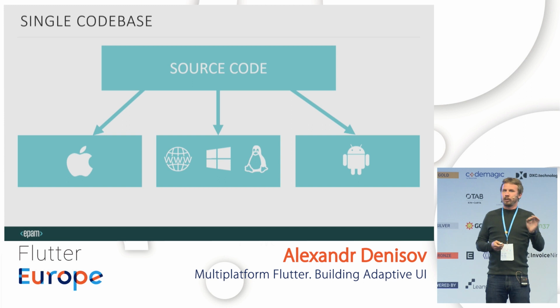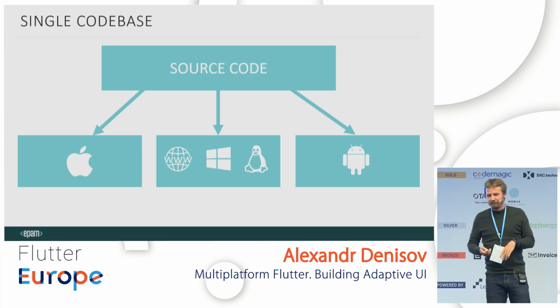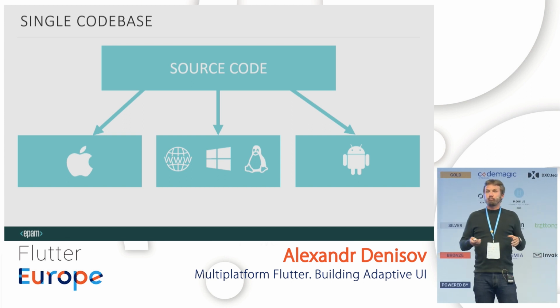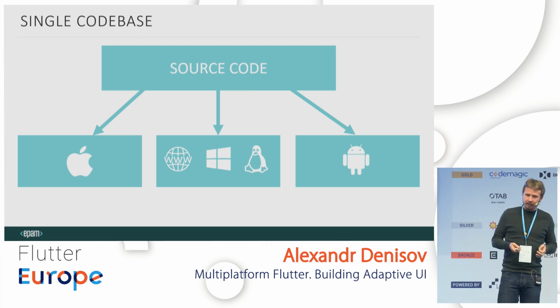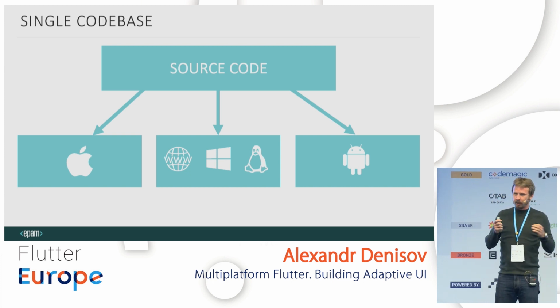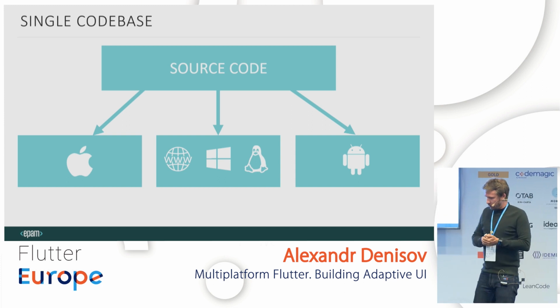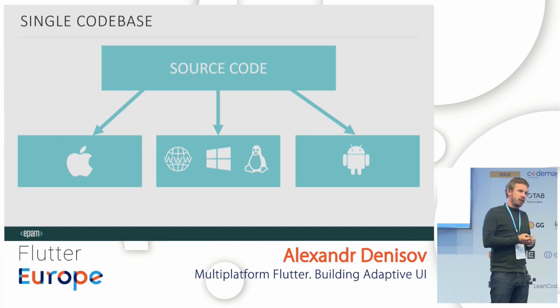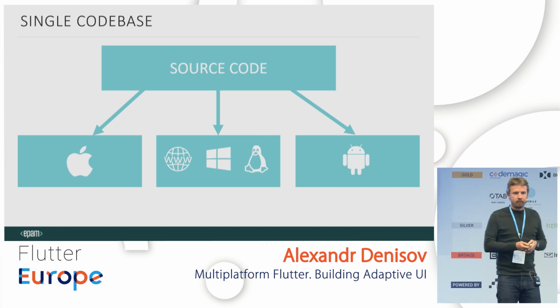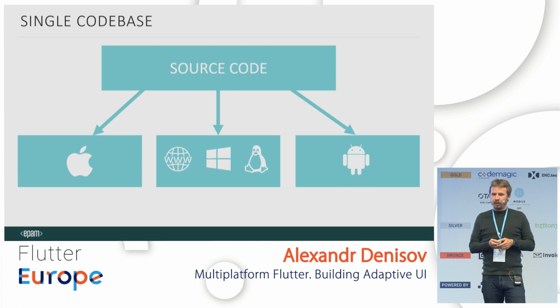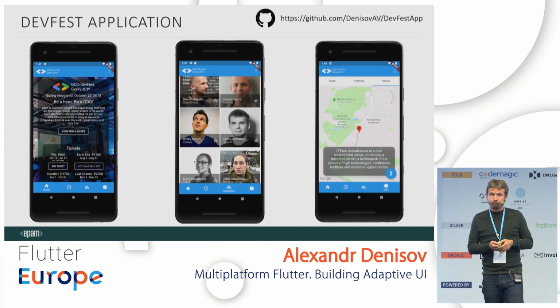I guess it's enough one apple for iOS and for macOS. A lot of different devices with different screen sizes, different resolutions, and the same source code. And if you want your application to look good everywhere, you have to think about it in advance.